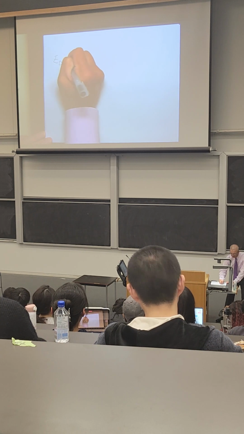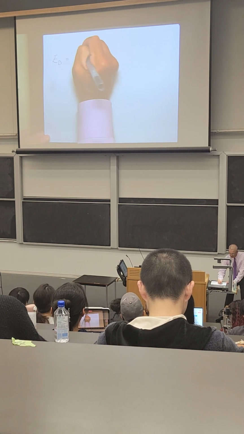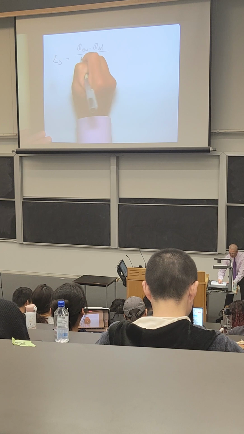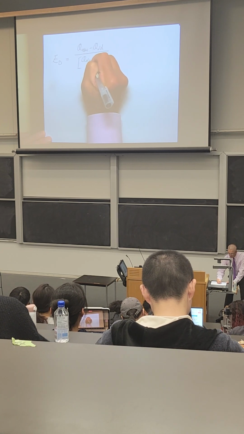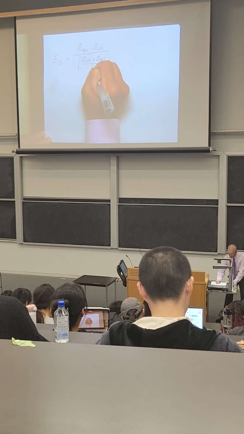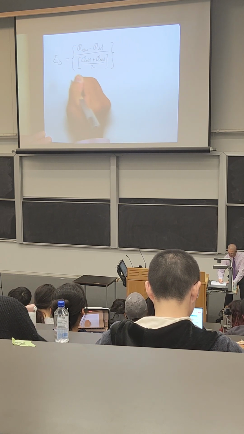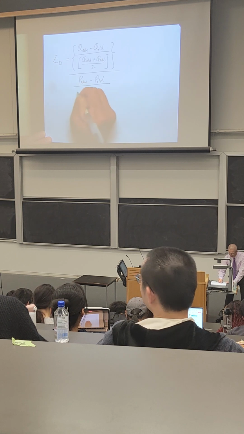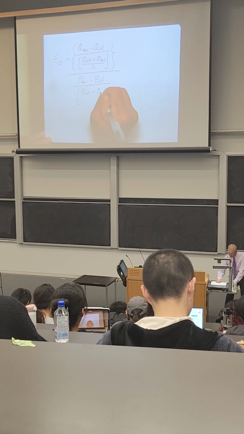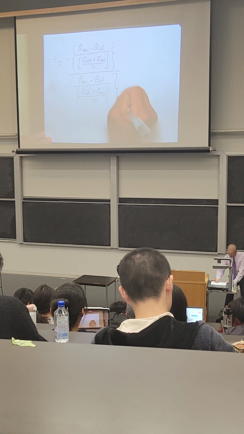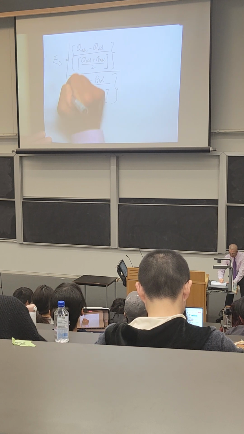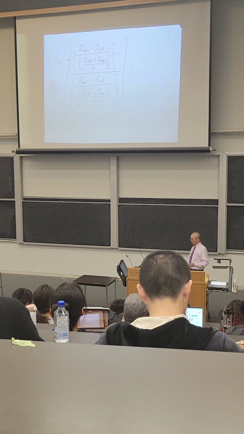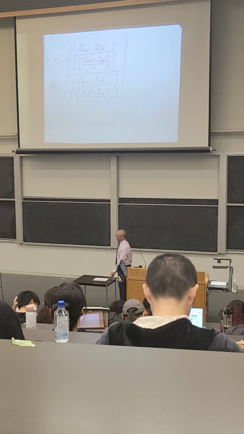The demand elasticity is the new quantity minus the old quantity divided by the old quantity plus the new quantity divided by 2, over the new price minus the old price divided by the old price plus the new price divided by 2, in absolute value. So this is the formula for the demand elasticity.